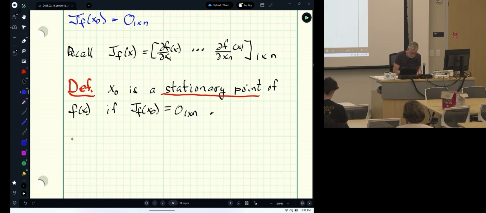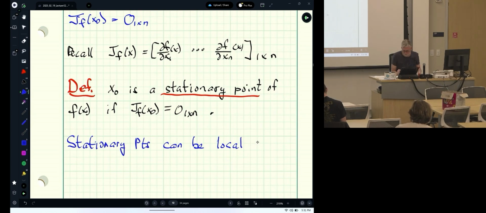And these stationary points can be local mins, maxes, or saddle points.